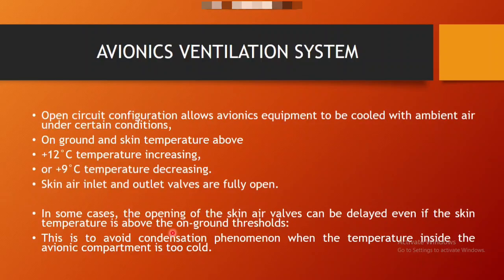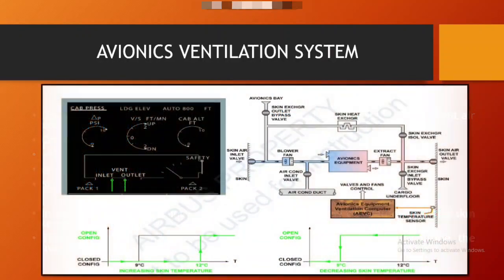In some cases, the opening of the skin air valve can be delayed even if the skin temperature is above the ground threshold. There can be a delay depending on the skin temperature. This is to avoid the condensation phenomenon when the temperature inside the avionics compartment is too cold. So if the temperature is too cool, there will be a delay in opening and closing of the valve.